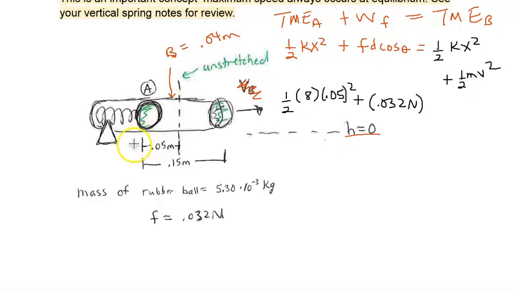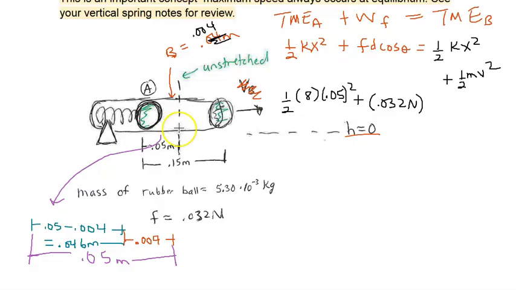It started at negative 0.05 and it ended at 0.004. Let me check my keys. Okay, sorry about that. The point B was 0.004. I hope I did that right in the first part, but that distance here is 0.004.